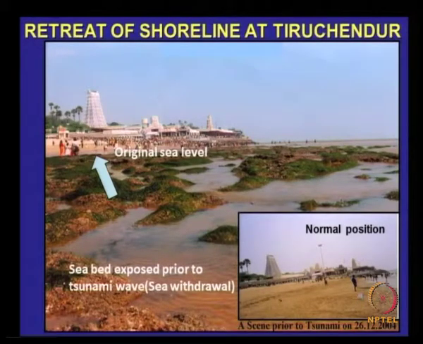So this is the retreat of the shoreline at Tiruchendur, that is again in South Tamil Nadu. The seabed was exposed, and this is the original scene prior to the tsunami on the same day. You can just see all this area has been exposed now.